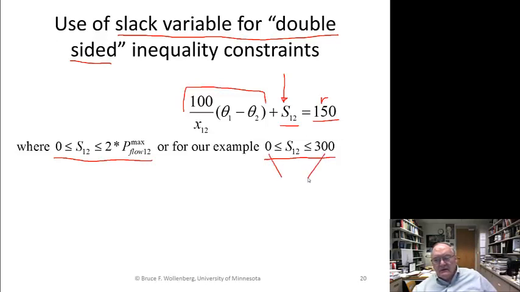These two values are the upper and lower bound on the variable S12. You remember when we did the LP lecture, we talked about the fact that upper bounding is one of the more useful features of an LP code. The MATLAB code uses the linprog algorithm, which has upper bounding.